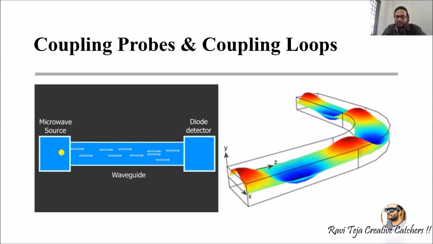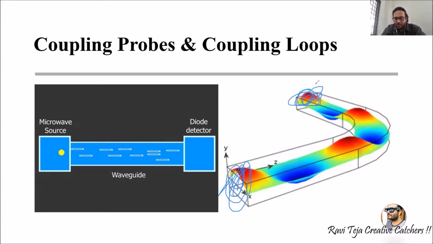So what will I do? My two ends are closed, right, of this particular cavity resonator or waveguide. Now, this waveguide with closed ends, like this. So this is closed now, and this is also closed.